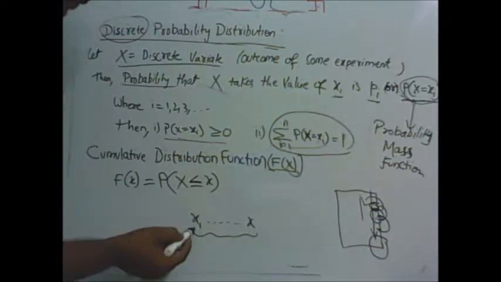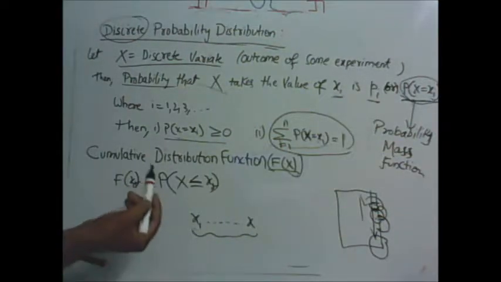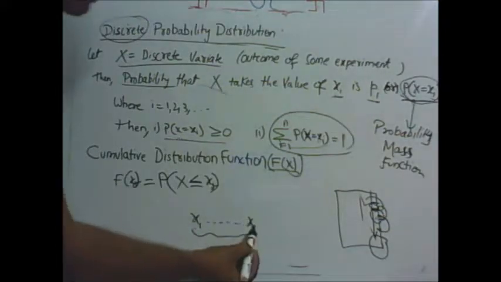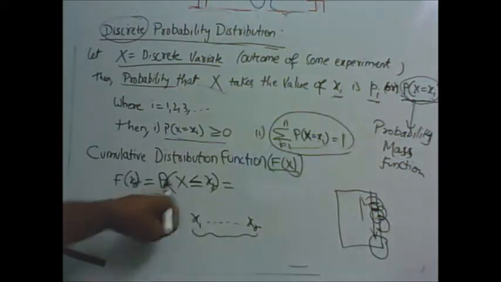In the same way, from the first to some xr. To avoid confusion, instead of saying small x, we will say xr. Up to the xr value, we add all these probabilities, then we get the cumulative distribution.